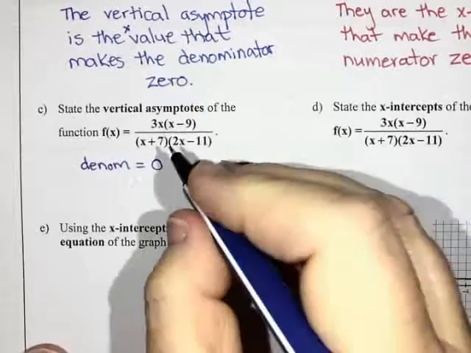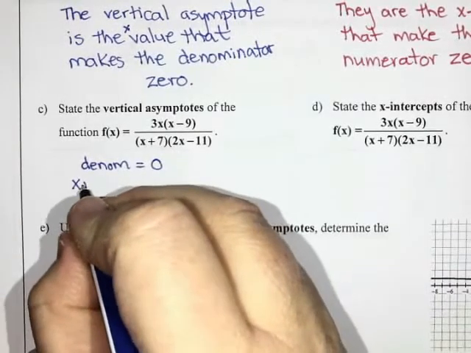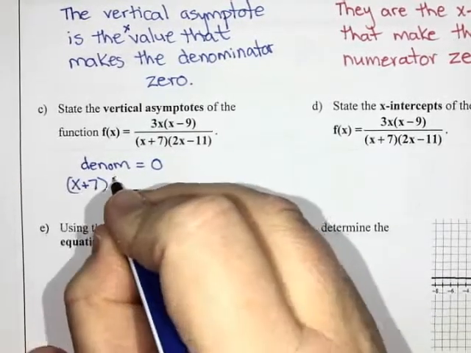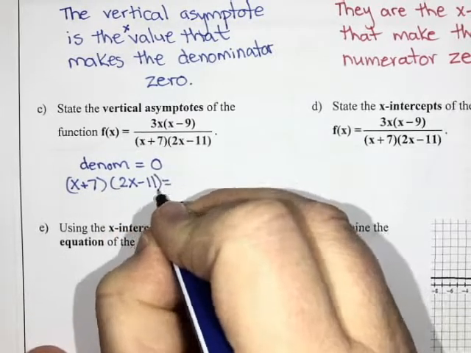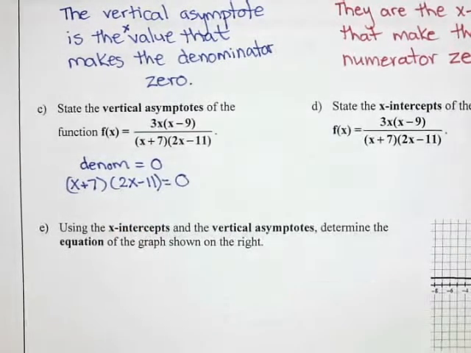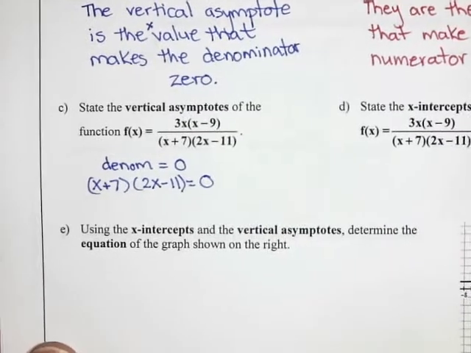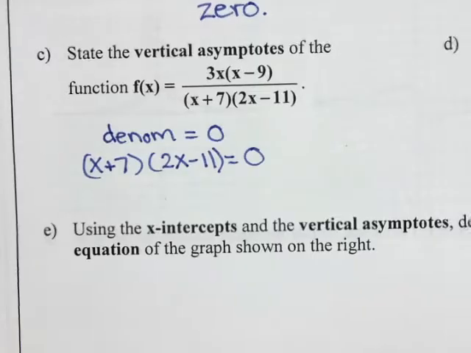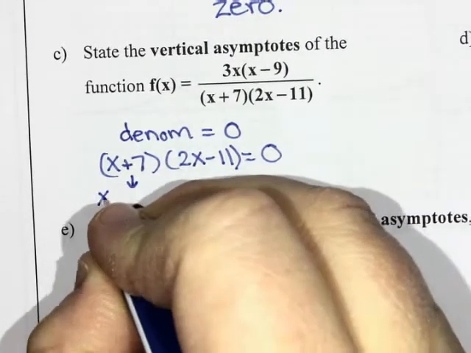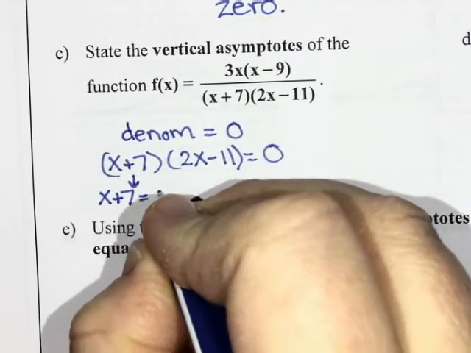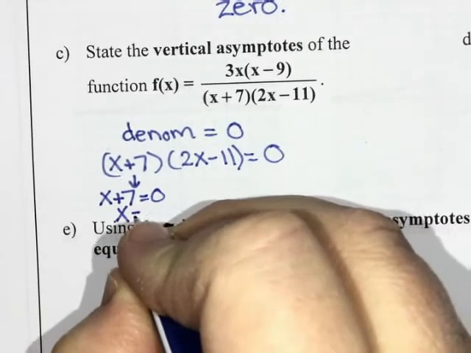So I want to know what's going to make x plus 7 times 2x minus 11 equal 0. So from here, I would just set x plus 7 equal to 0, which would give me negative 7.